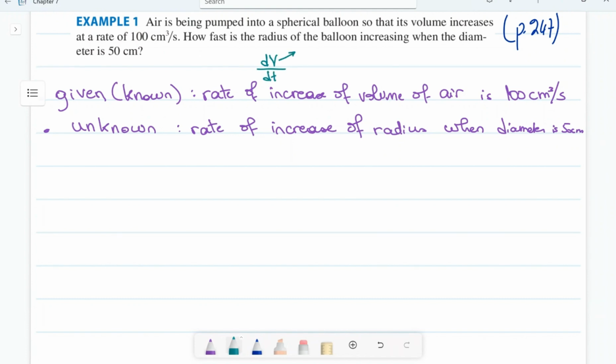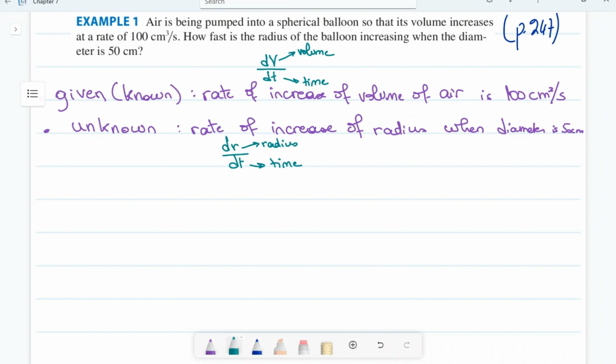V is volume, and this is with respect to time. Also, the rate of increase of radius, we can write as dr/dt. Again, r is radius, and we are differentiating with respect to time.